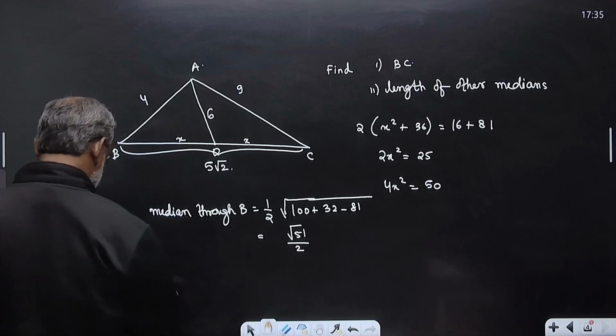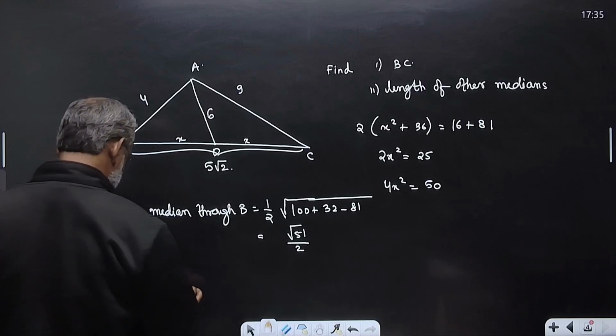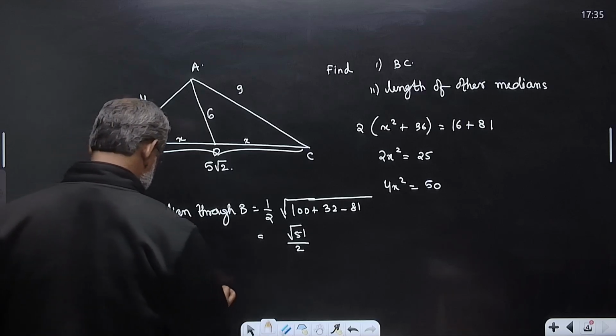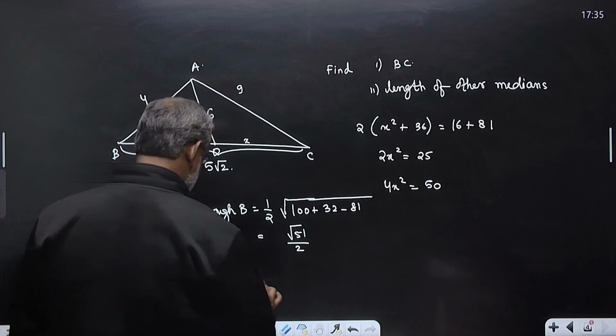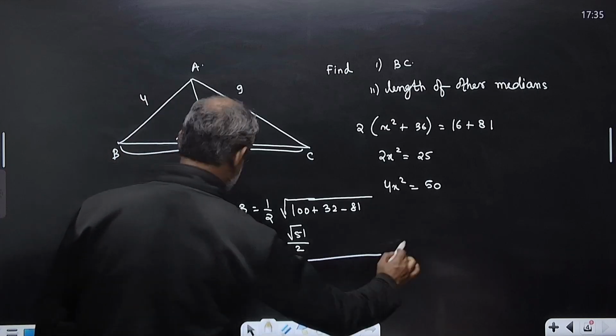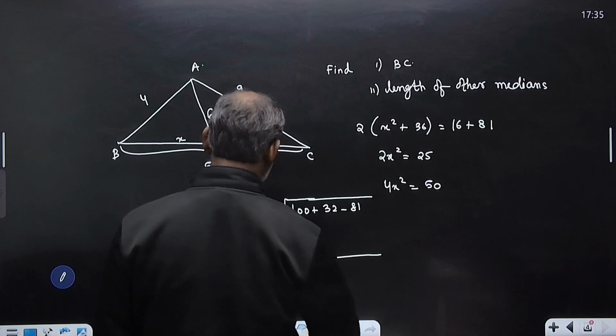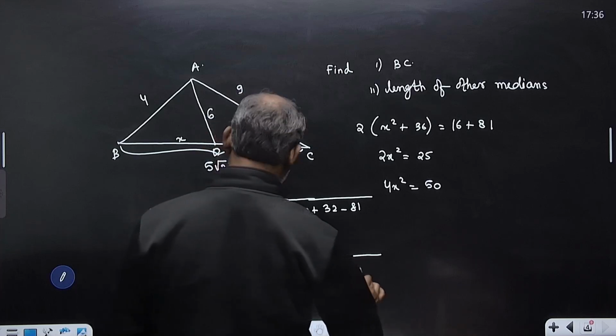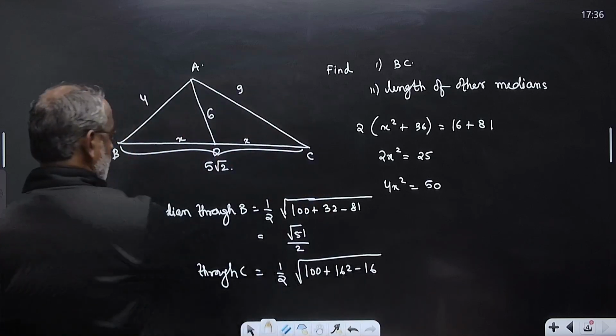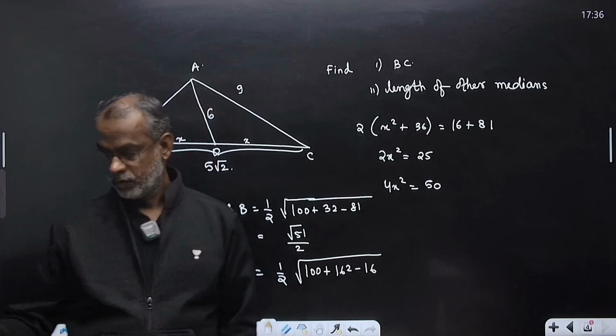And the median through the other vertex, similarly we will use it, 1 by 2 root of this 100, 162 minus 60. This will be the longest median. Fine.